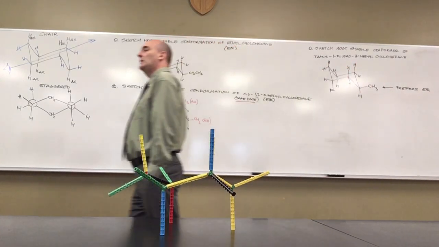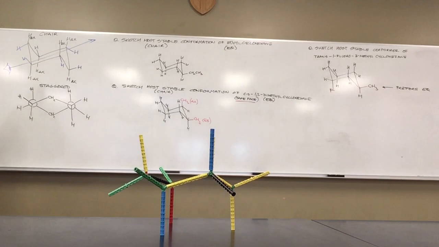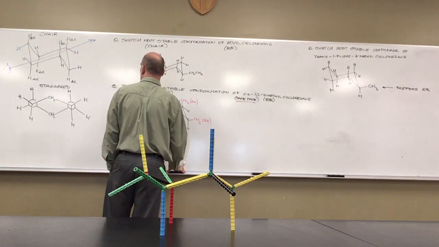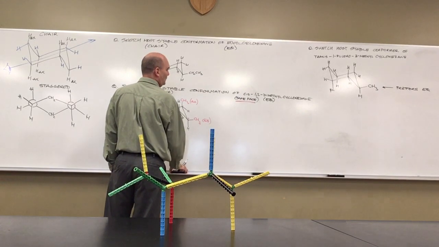The methyl has a greater preference for the equatorial position than the fluoro does. Okay? Let's do one where they're both the same.